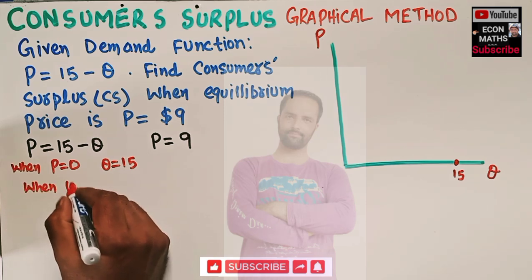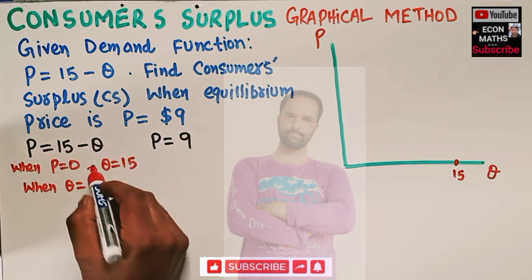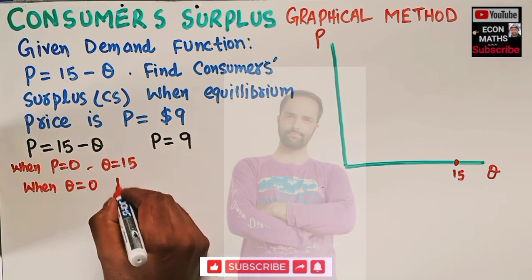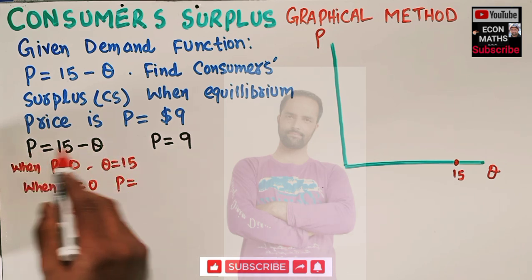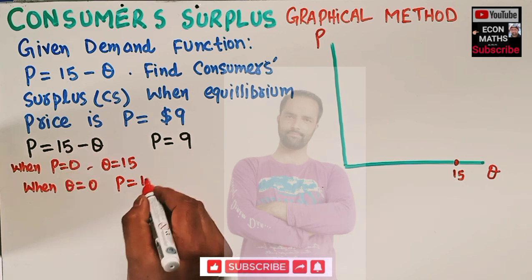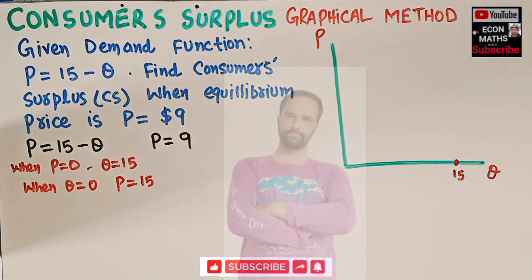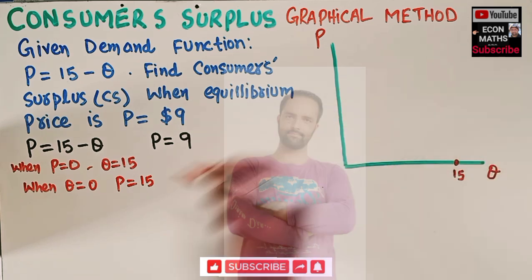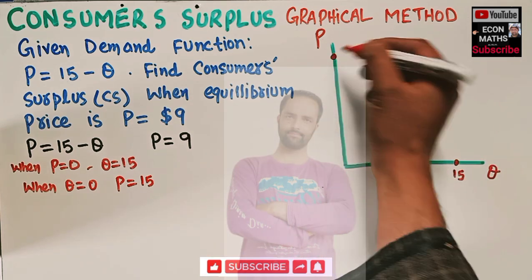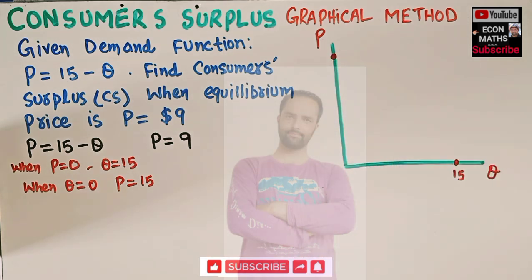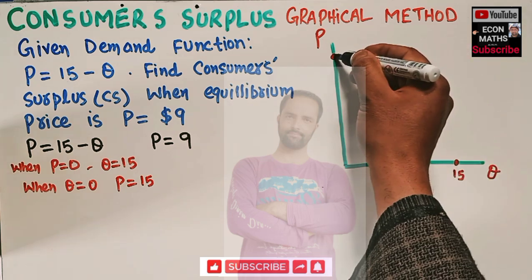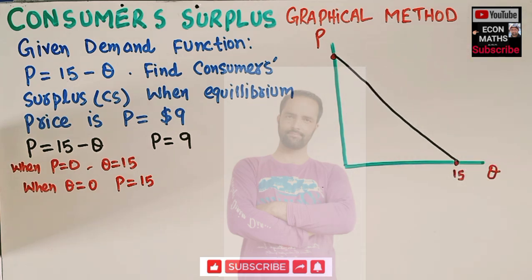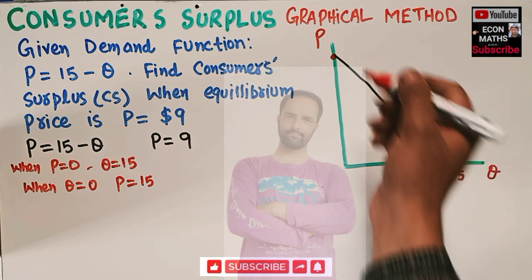When Q is equal to 0 in this demand function, P is again equal to 15. So on the price side the intercept is again 15. Joining these two points gives us the demand function. Okay, the first step was this.